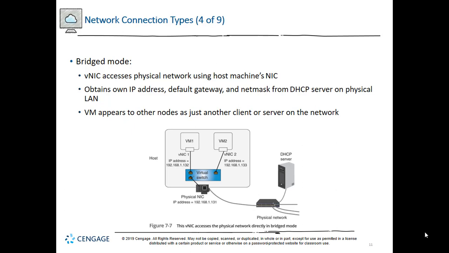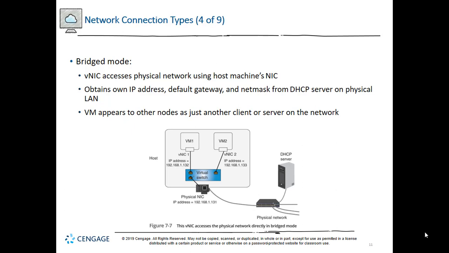So if your host machine contains multiple network adapters, for example, a wireless NIC and a wired one, you can choose which physical adapter to use when you're bridging to the virtual adapter. As you can see, VM1 is 192.168.1.132, and VNIC 2 is 192.168.1.133.